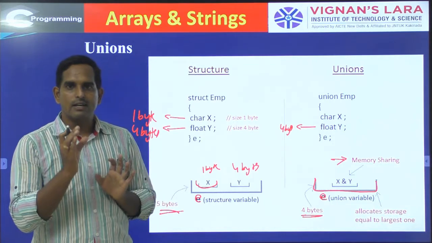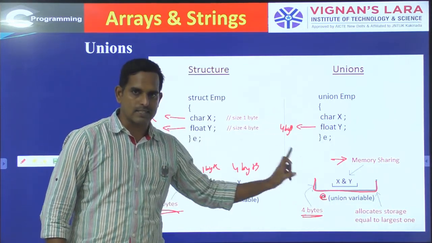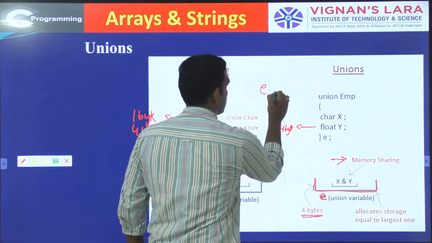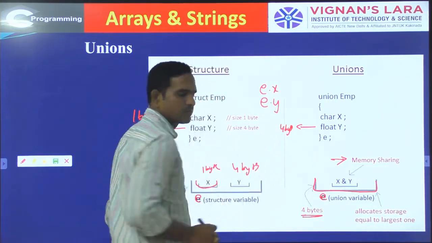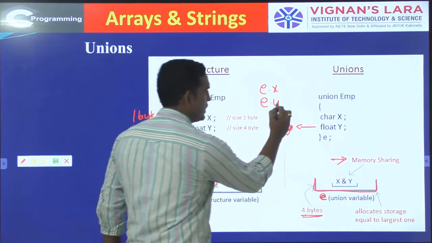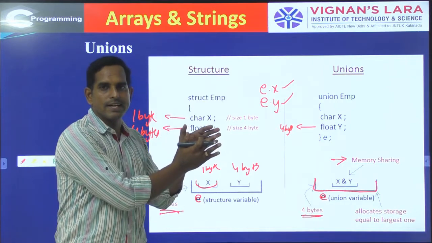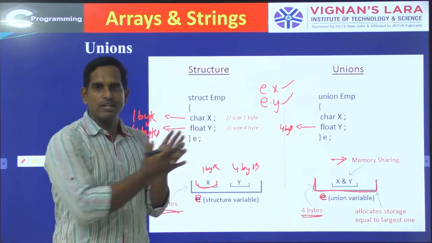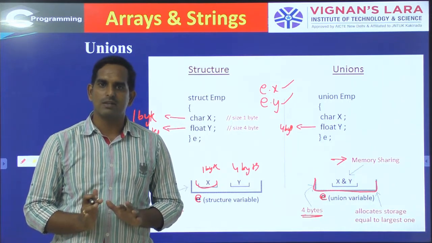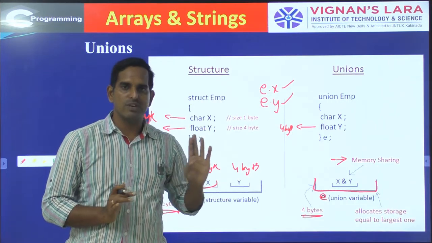While you are accessing, you can either access x, that is, you can perform E dot x, or you can perform E dot y. But at a time only one value will be stored in your memory. If you are storing E dot x, your E dot y value will not be present. If I store E dot y, your E dot x value will not be present. At a time you can access only one member of your union.